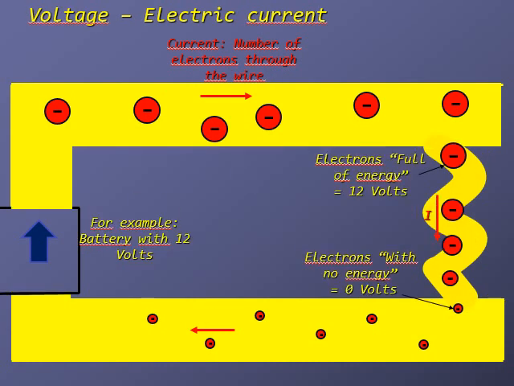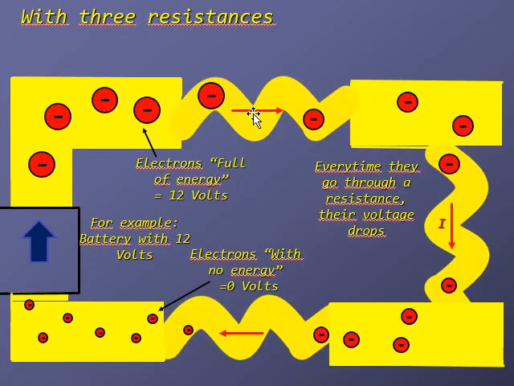So you have here the example with 12 volts. Imagine we have a battery with 12 volts. So the electrons have 12 volts here, but after the resistance they're really tired, they have no more energy, so they have 0 volts. So, voltage drop. So imagine that we have a case with 3 resistances in series. So we have the electrons here full of energy.